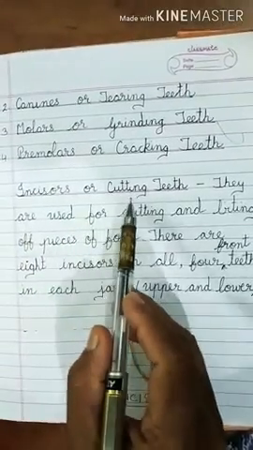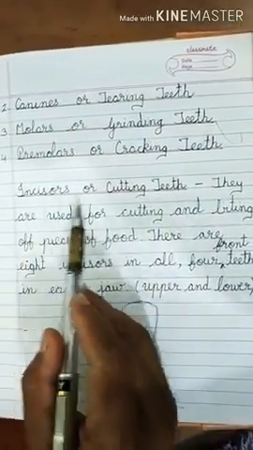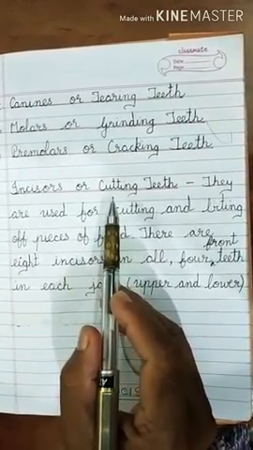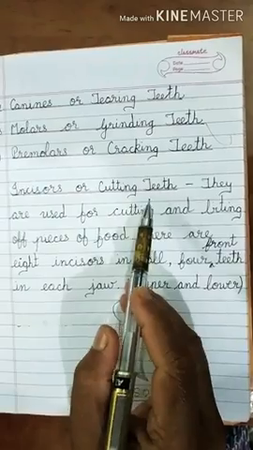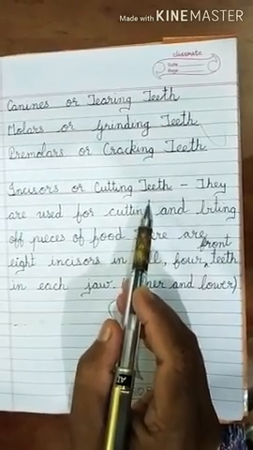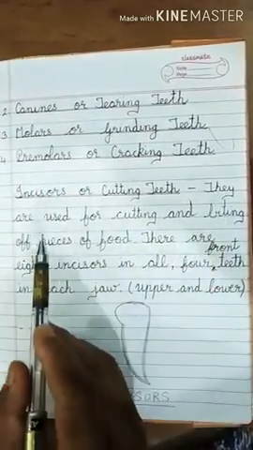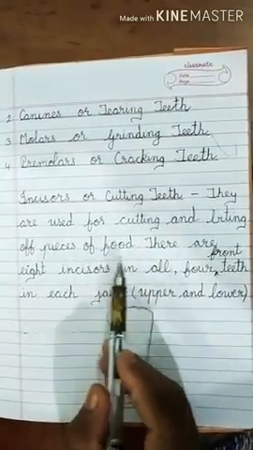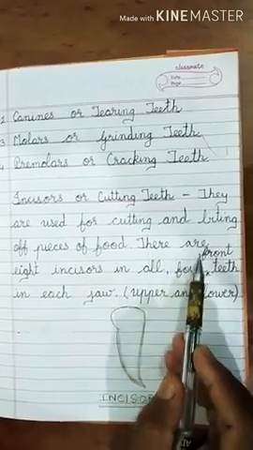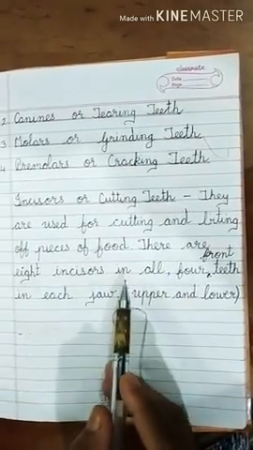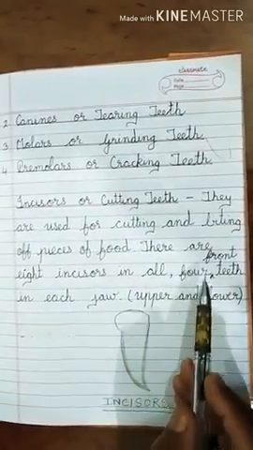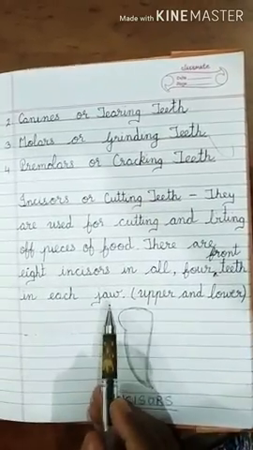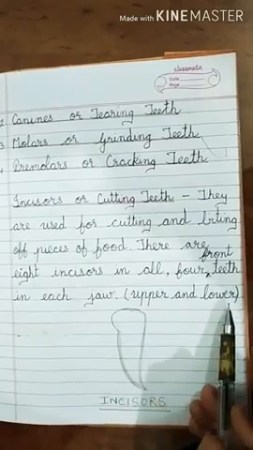Incisors or cutting teeth. By the name itself you can understand. Cutting teeth means it is used for cutting the food whatever you are eating. They are used for cutting and biting off pieces of food. There are 8 incisors in all, 4 front teeth in each jaw, that is upper and lower.